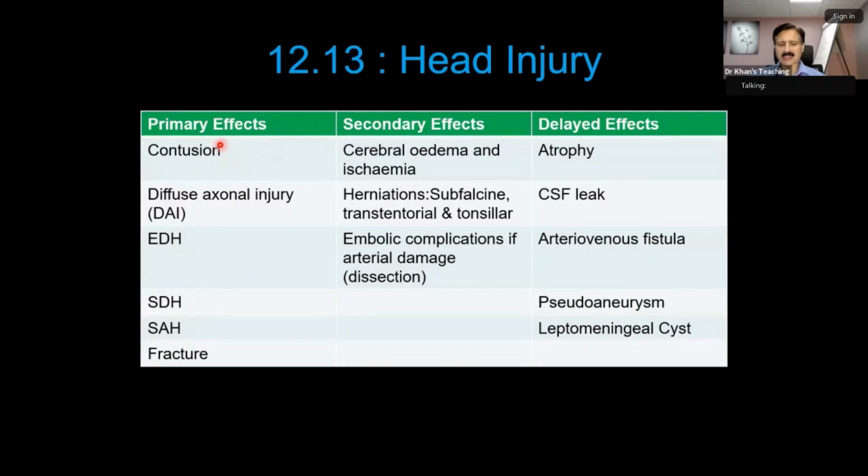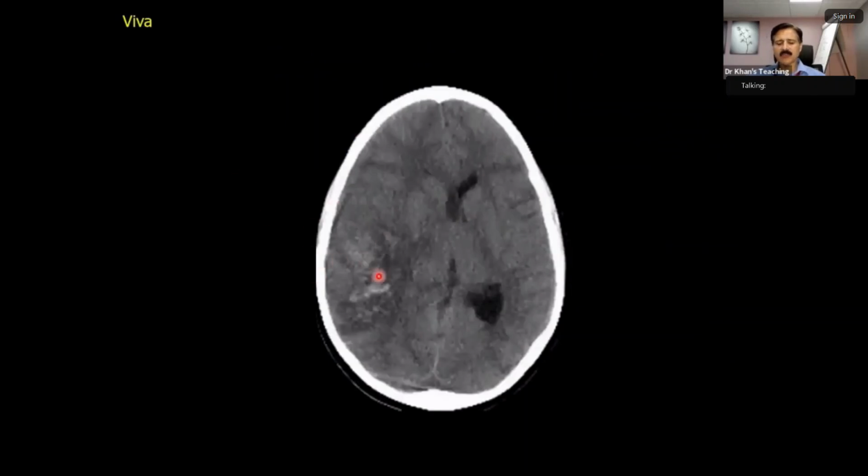So this is a contusion, and contusion, by definition, think like a bruise. A bruise is when you are playing cricket and you are hit on your elbow by a cricket ball, you will get a bruise there, on the skin surface. So the surface of the skin is the cortex.